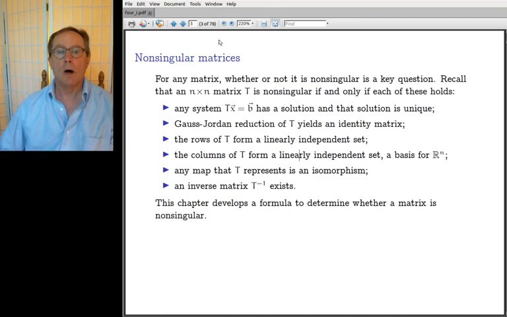Okay, so I'm going to start by pointing out the importance of the idea of non-singularity. We saw it right away at the beginning of the book. Non-singular is where you have a square matrix of coefficients, and you do Gauss's method and you don't have any 0 rows. So non-singular means don't have any 0 rows.